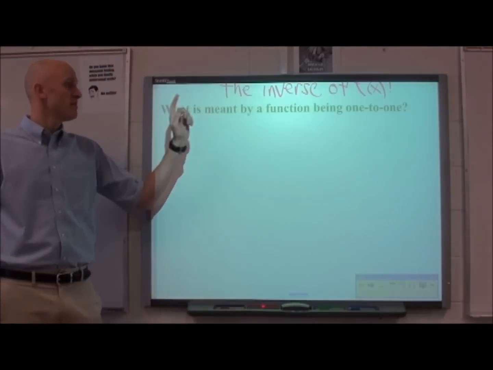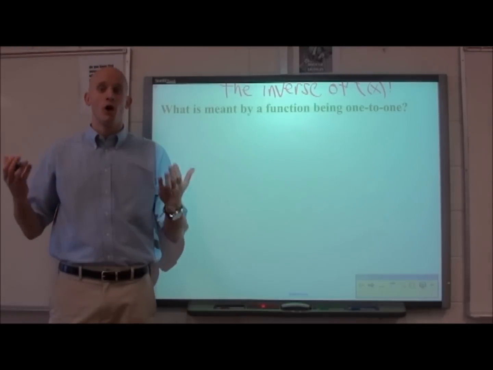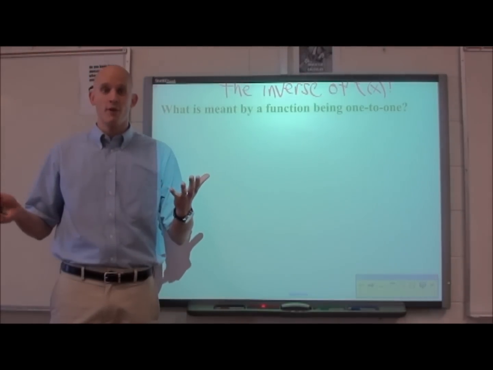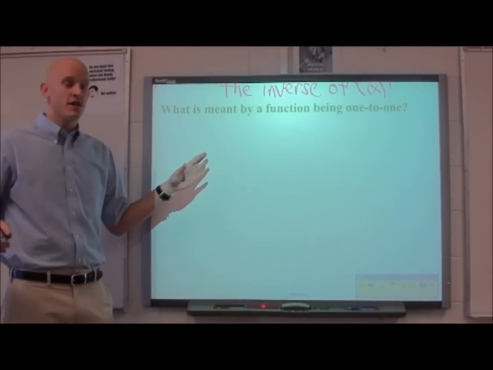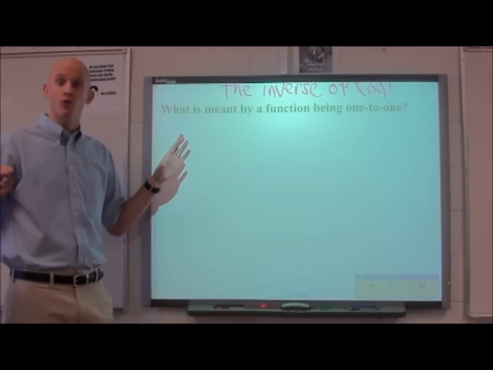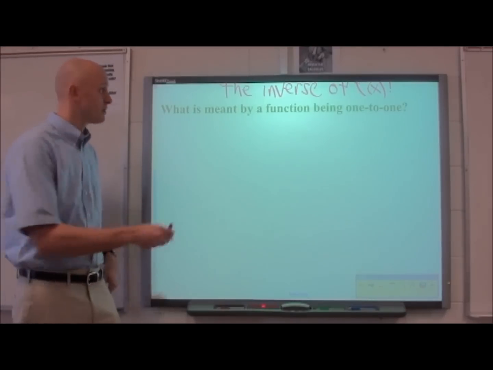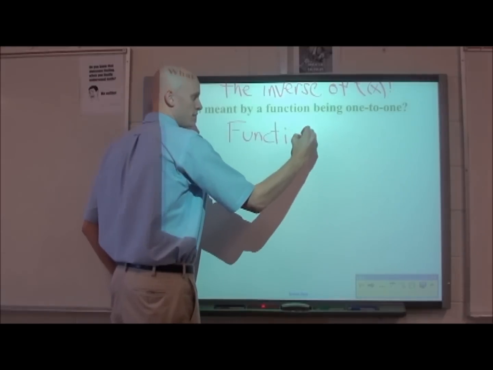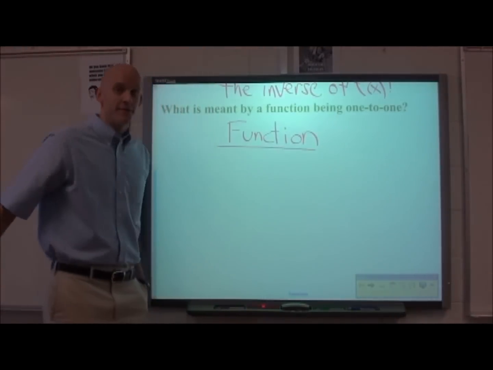Last one is, what is meant by a function being one-to-one? A one-to-one function, you may remember, is a function that for each input it only has one output. So it is a function. It's definitely a function.